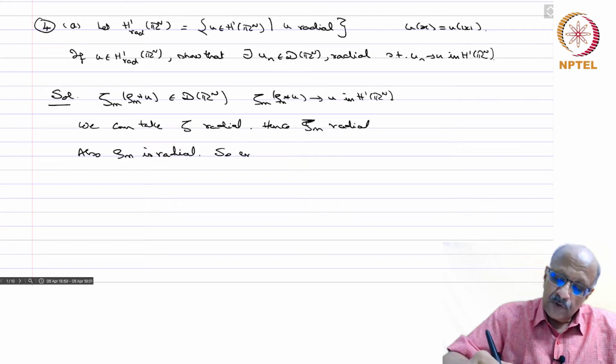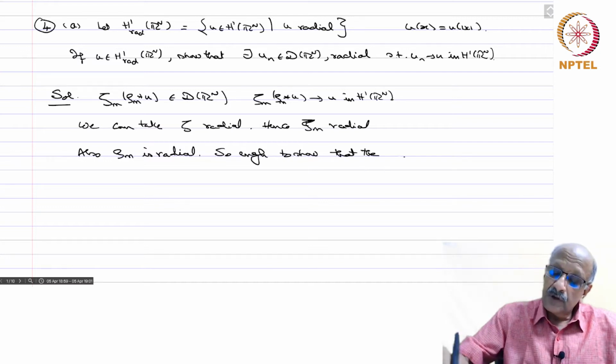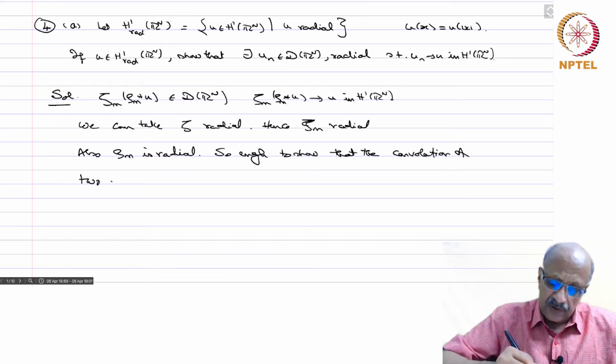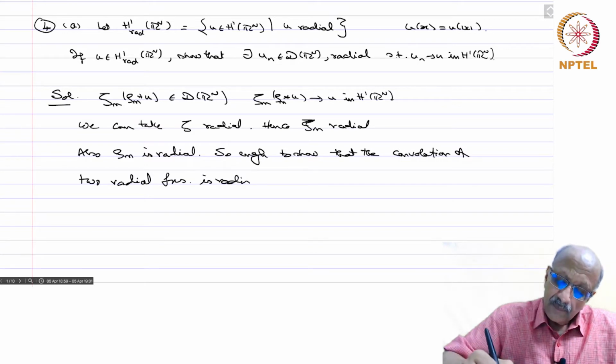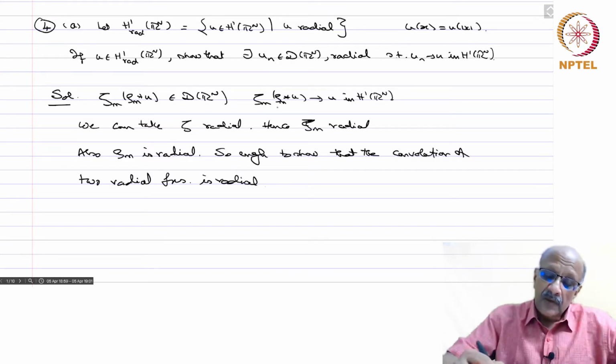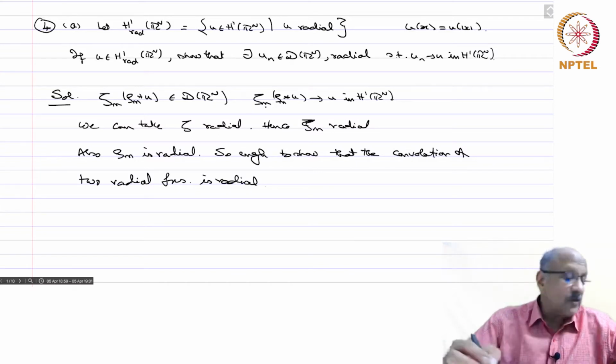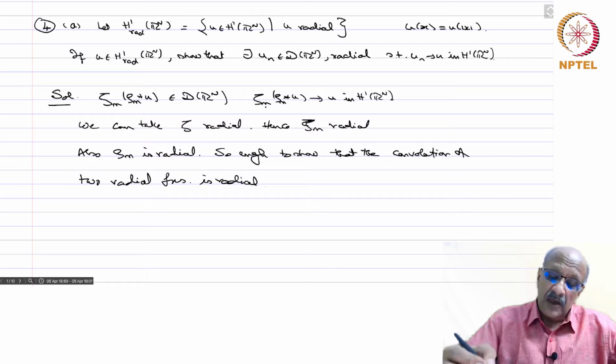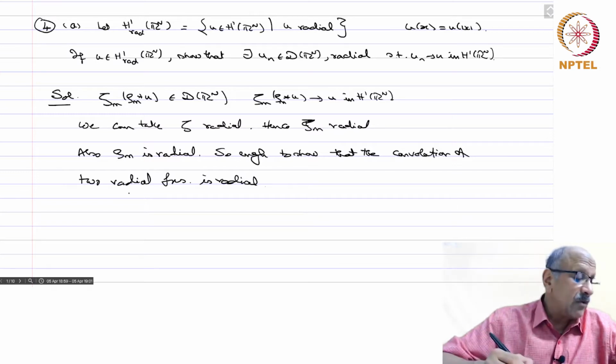So it is enough to show that the convolution of two radial functions is radial. So because rho_m star u will be radial, you are multiplying by another radial function, so everything will be radial, and that converges, and that's in D of Rn, and therefore the whole thing will be true.